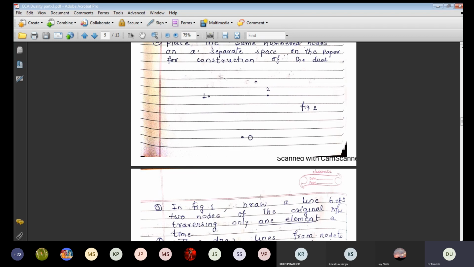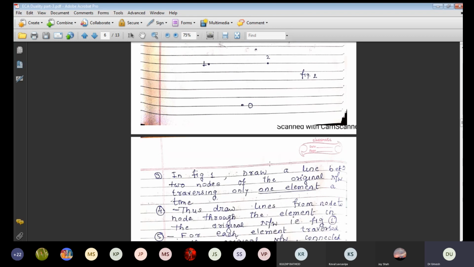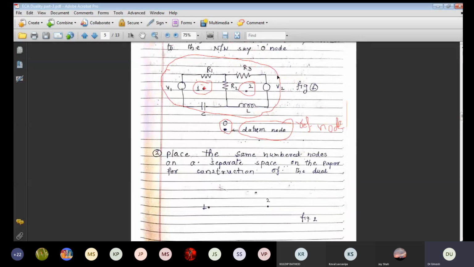Now the third step. In figure 1, draw a line between two nodes of the original network, traversing only one element at a time. That is very important. Figure 1 means this, and I am removing all these lines. From this node, the common node, you first have to draw a line. Suppose we have a common node between 1 and 2.